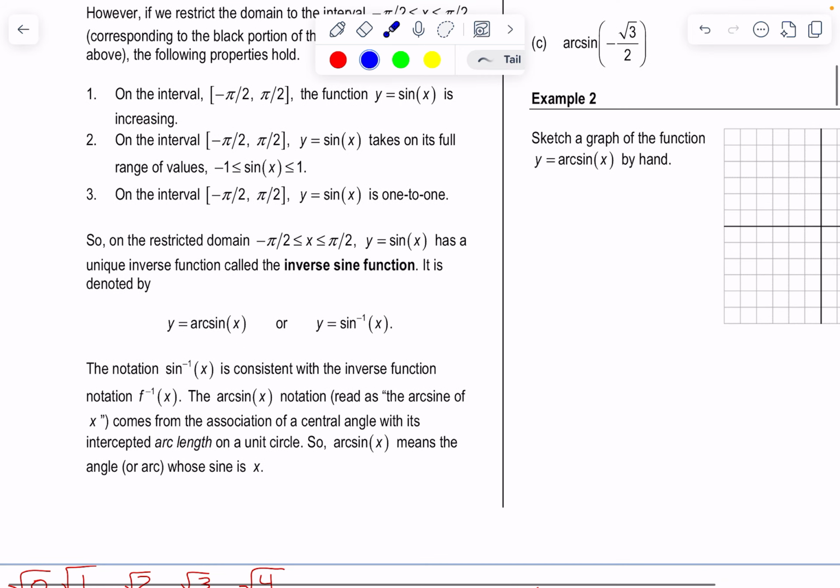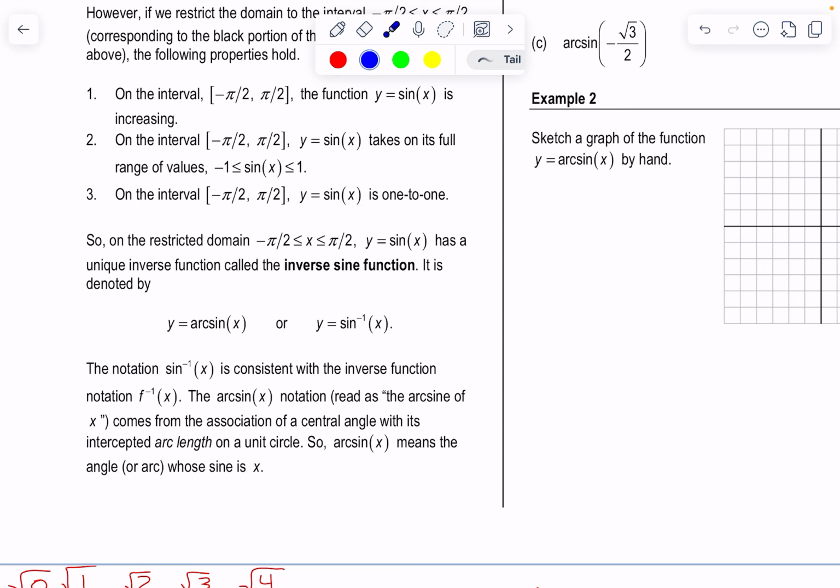There are two ways to write that down. You can write y equals arc sine of x, read as arc sine of x, or on the calculator, it looks like this: sine inverse of x. These are interchangeable.